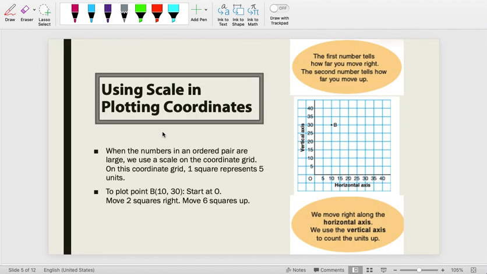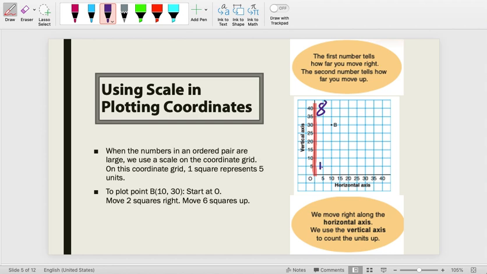We also talked quickly just about scale. When the numbers of an ordered pair are large, we use a scale. So for instance, how many lines are there? We can count how many lines there are. There are 8 lines. This is actually number 8, and this is actually number 1.